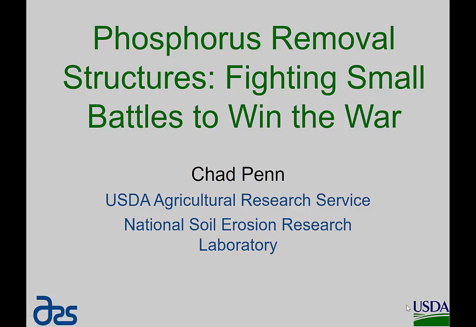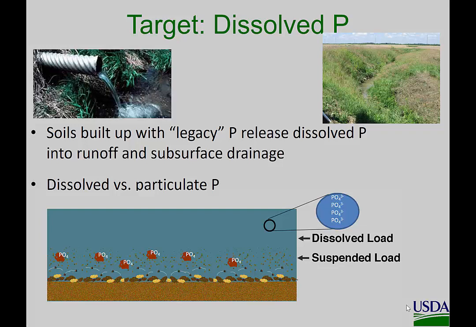All right. Today, the focus of this talk is going to be on phosphorus, particularly dissolved phosphorus. That's important when we think about the ways in which phosphorus is transported to surface waters, phosphorus often being the most limiting nutrient with regard to surface water eutrophication, with two main forms of phosphorus transported: particulate phosphorus and dissolved phosphorus.